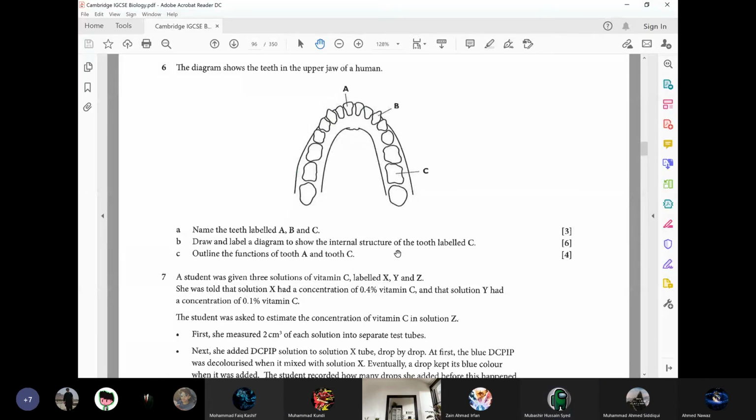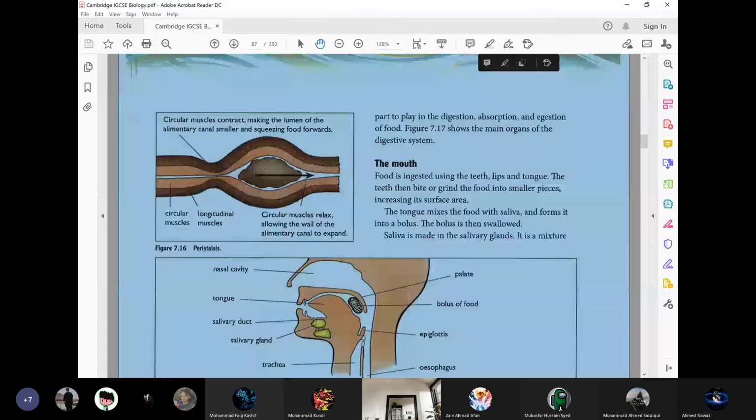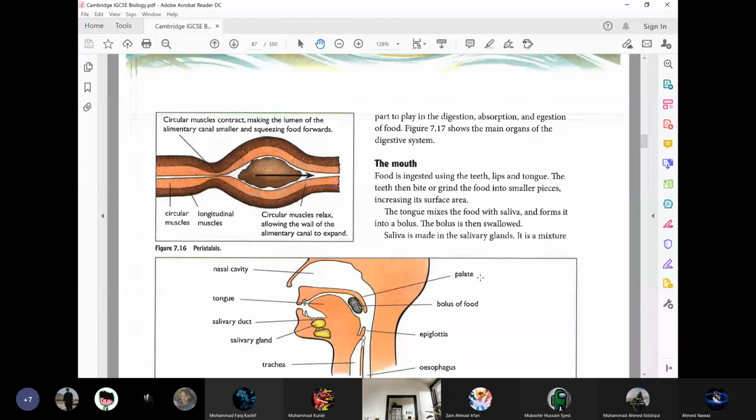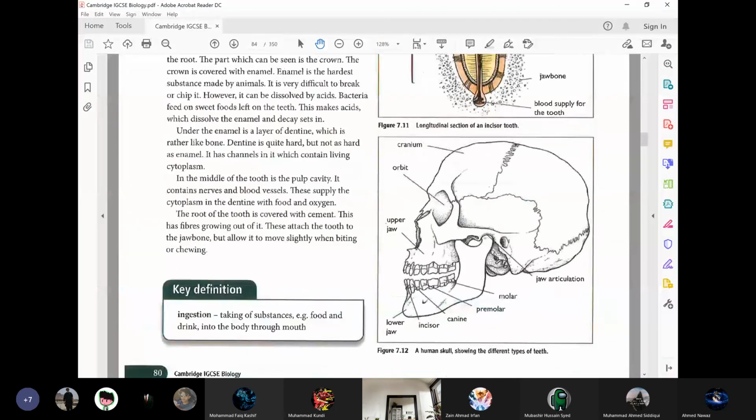Draw and label a diagram to show the internal structure of the tooth labeled C. Any tooth, let's suppose he says draw the internal structure of tooth labeled A, tooth labeled B, tooth labeled C, the internal structure will always be the same. All the teeth are externally different, but their internal structure is always the same. Understand? We have learned this diagram.